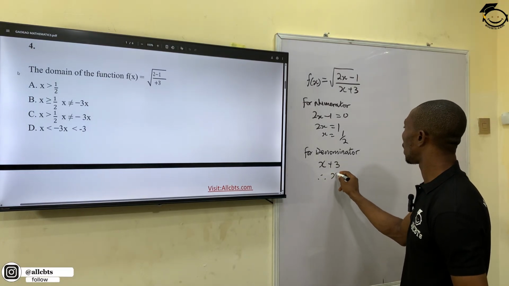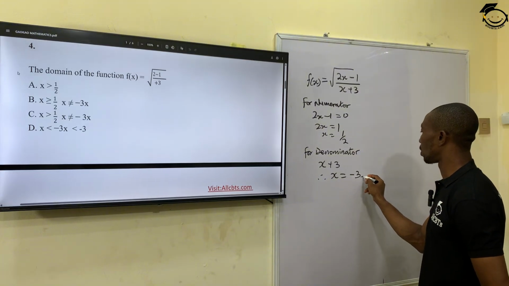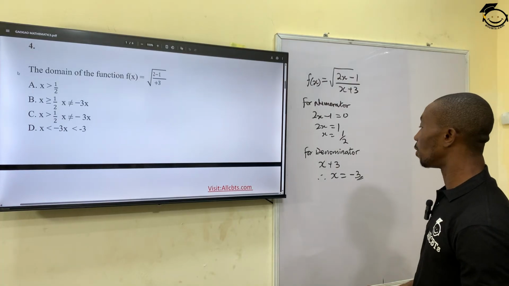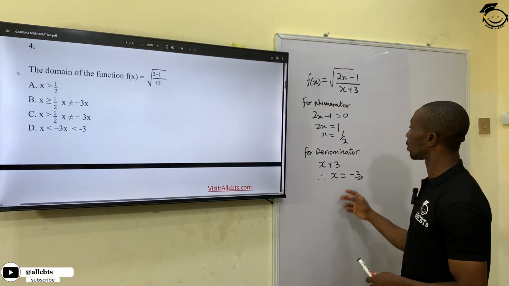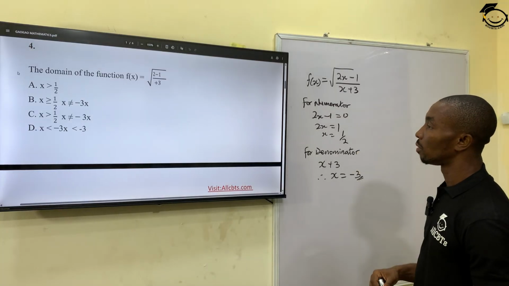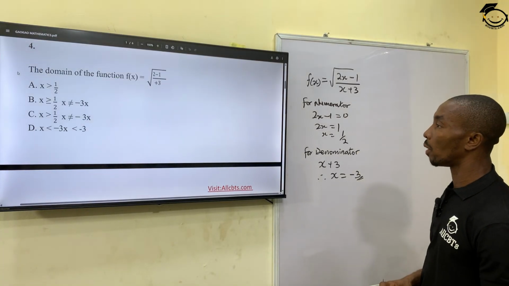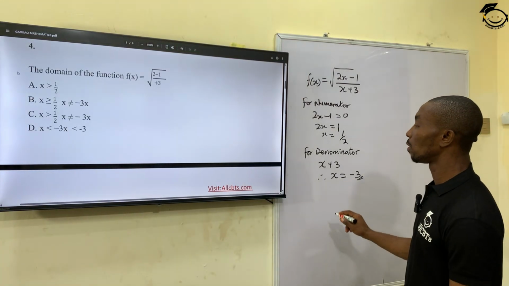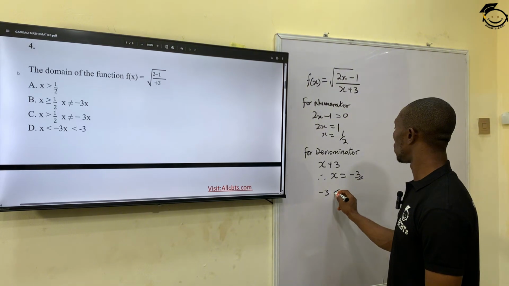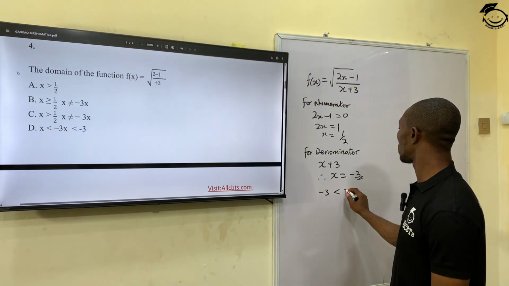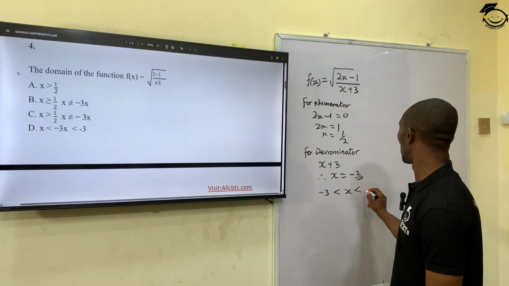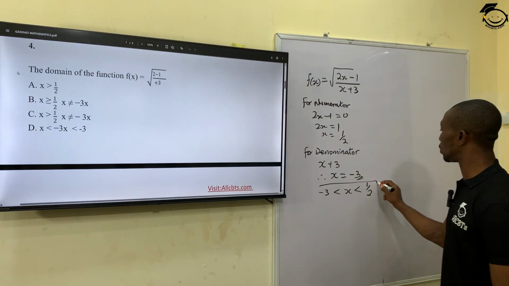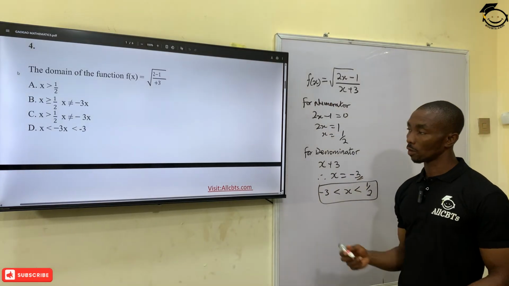So therefore, x equals minus 3. Now, our value is going to range between minus 3 and a half, which is our value for x. So this should be the domain for this function.